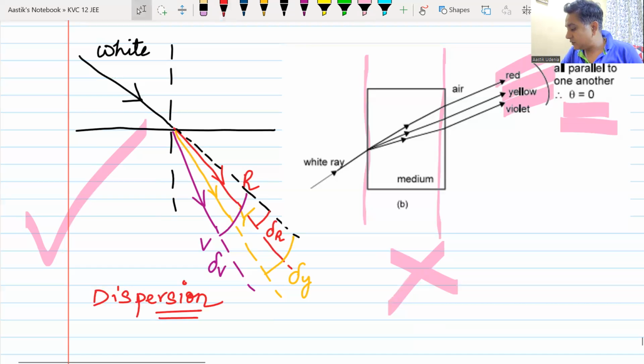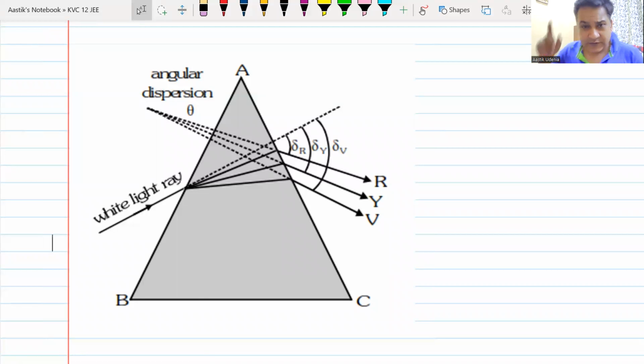It will surely happen, because through one surface they will get refracted, through the other surface they will also get refracted, but the two surfaces are not parallel, they are at an angle. So you will have a lot of deviation.